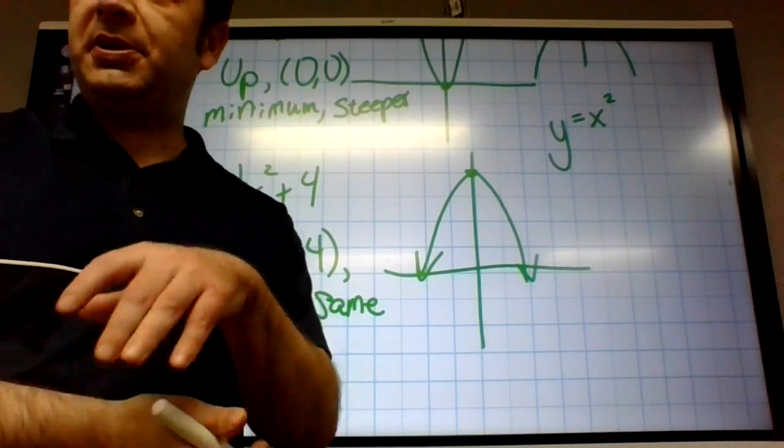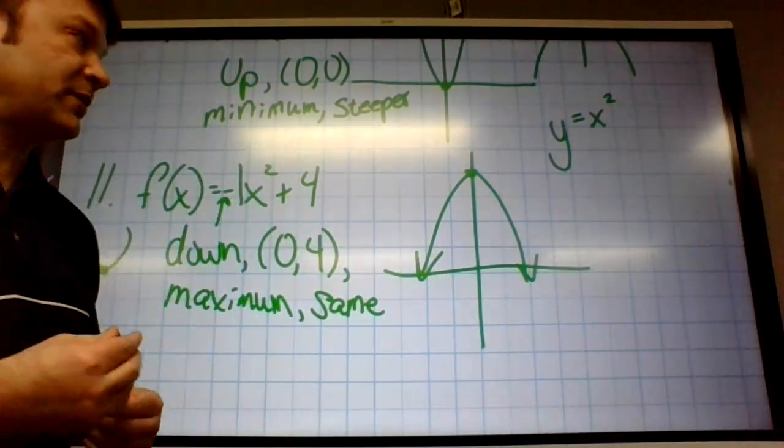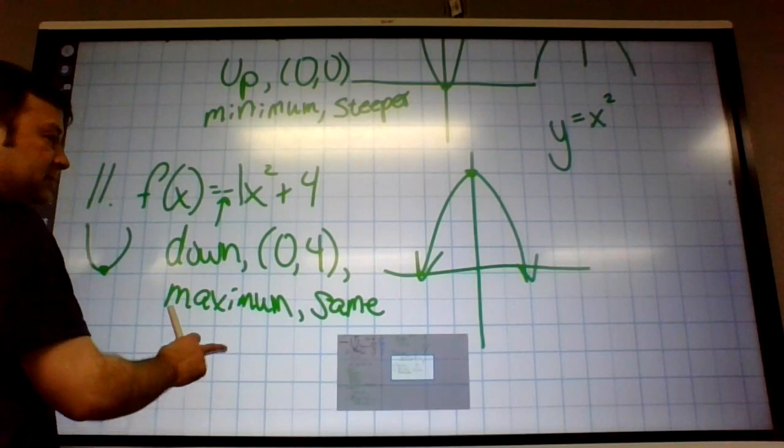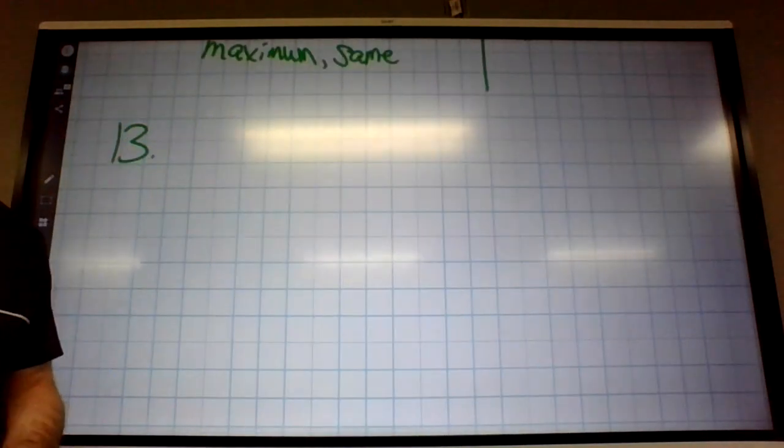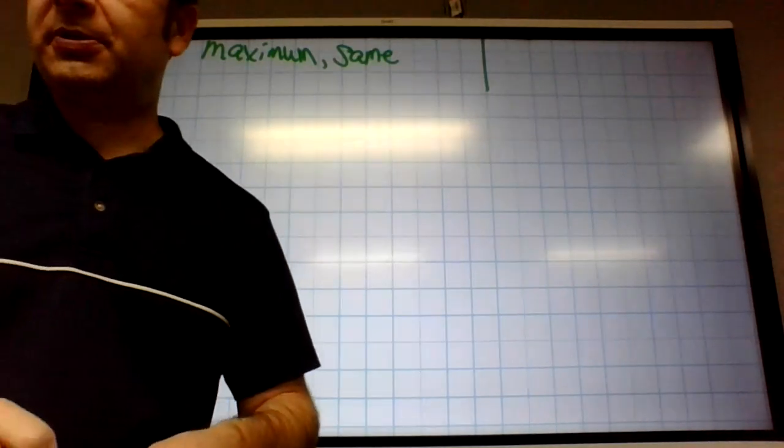All right, on 10 and 12, they both have fractions. What does a fraction do? Makes it go up slower, it's flatter.